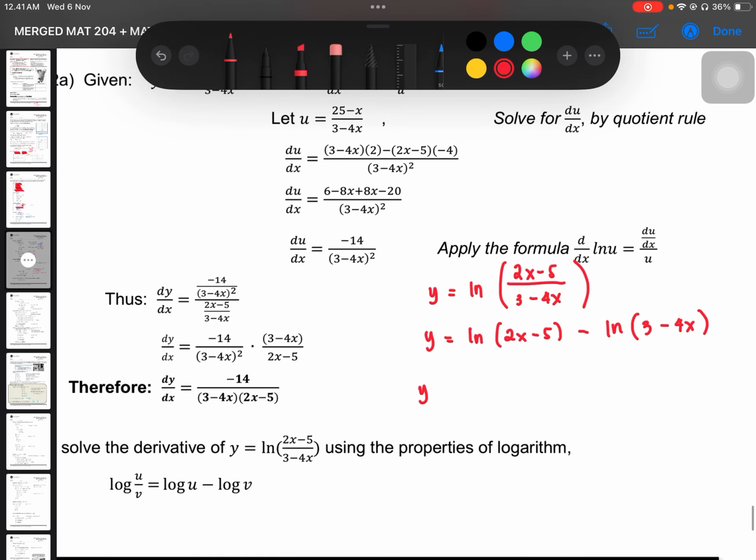So, let us proceed to getting the derivative y prime. So, since this is a ln, derivative ng ln is du over u. So, ano ang derivative ng 2x minus 5? 2. Over, kopyahin mo si u, 2x minus 5. Then, minus. So, derivative naman daw ng, ano yung u natin dito? 3 minus 4x. Derivative ng 3, 0. Derivative ng negative 4x is negative 4, over, kopyahin lang natin yung u natin, 3 minus 4x.